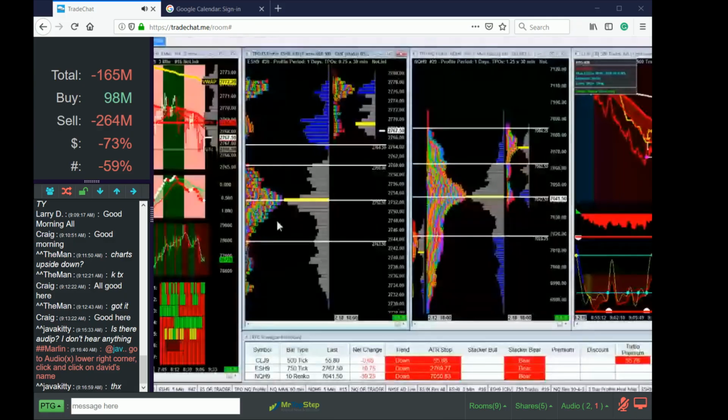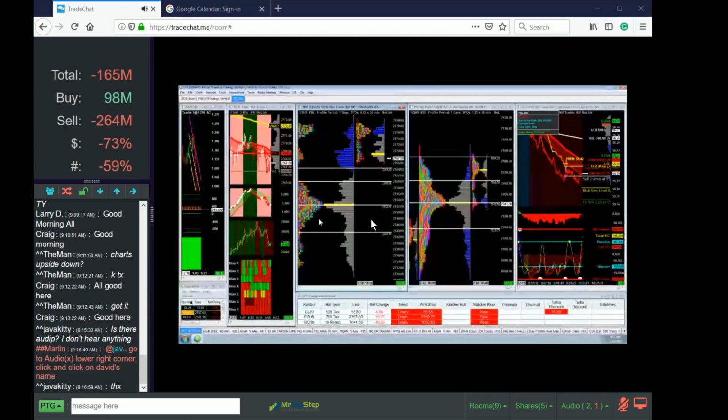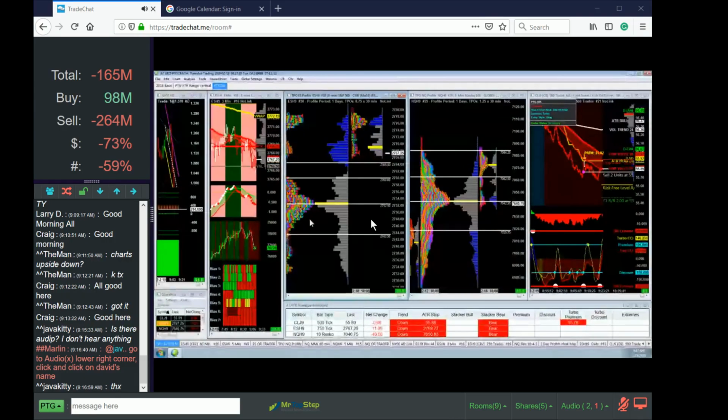If you're unfamiliar with profiles, what they mean, how to read them, interpretations, there's plenty of free educational information out there, so I do encourage you to look at that. But what I've done here is I've combined some of last week's activity into a single profile, and I have the overnight profile located here on the right.